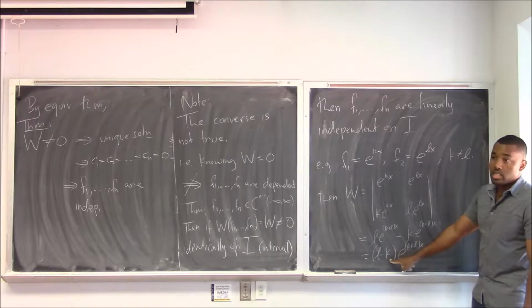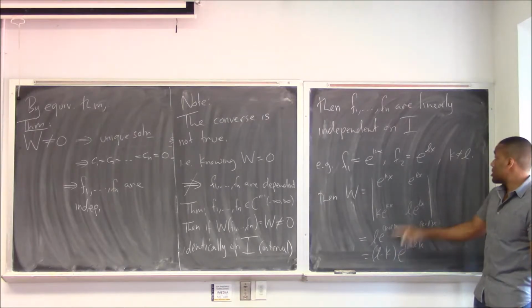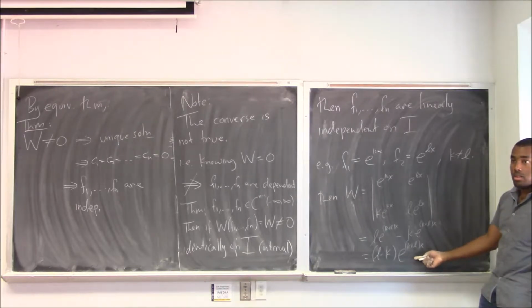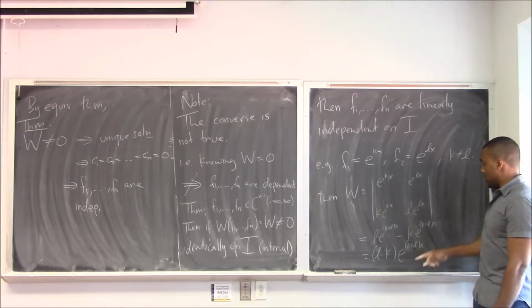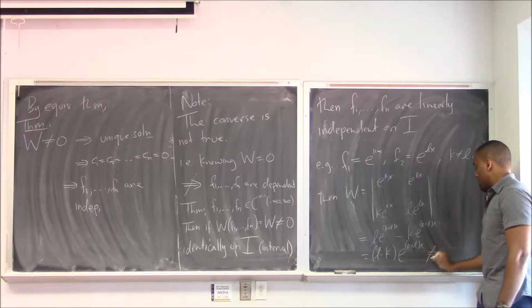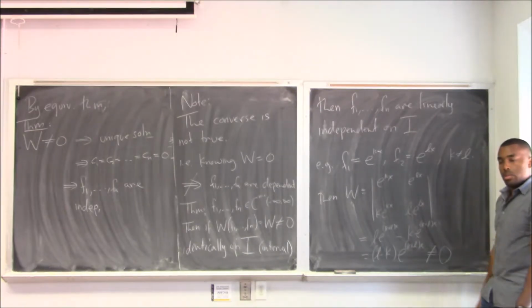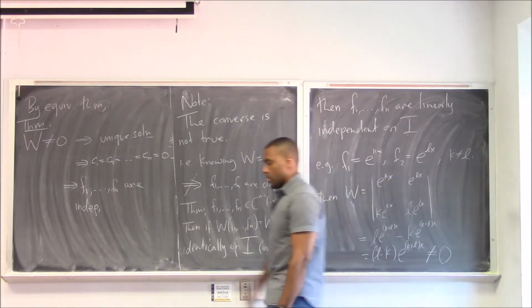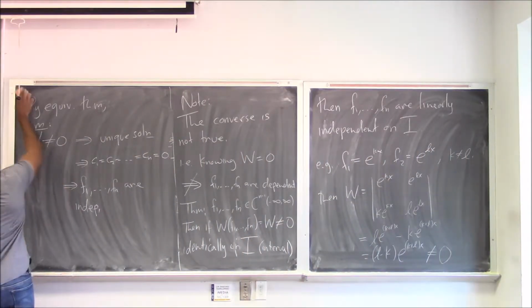I know that this is non-zero, because I'm assuming k is not l. And I know that this exponential is never 0. So that means this will never be 0, which means, according to this theorem, those functions are linearly independent.